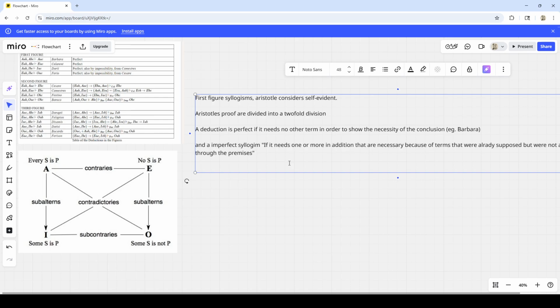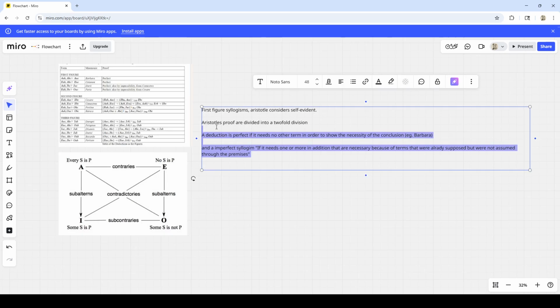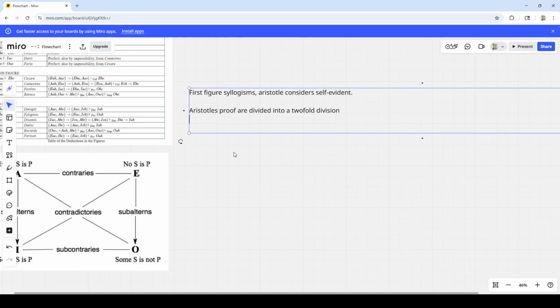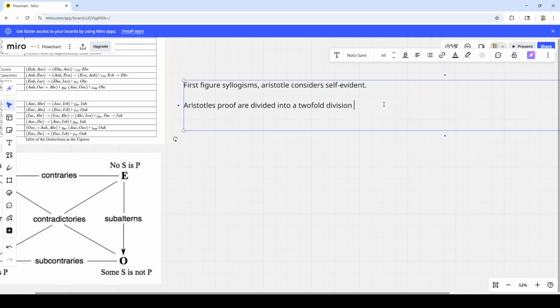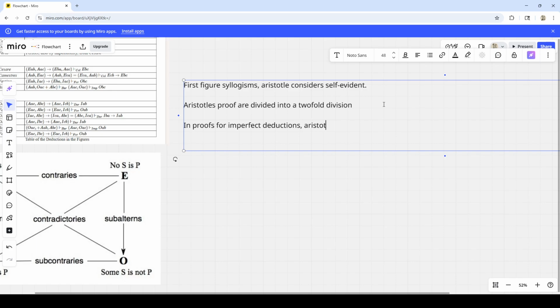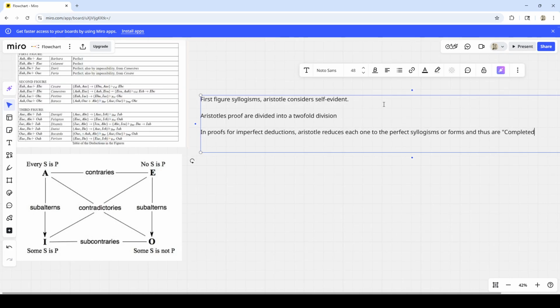But okay, so for Aristotle, there is a twofold division of proof, right? So in proofs for imperfect deductions or syllogisms, Aristotle reduces each one to the perfect syllogisms or forms, and thus they are completed or perfected.